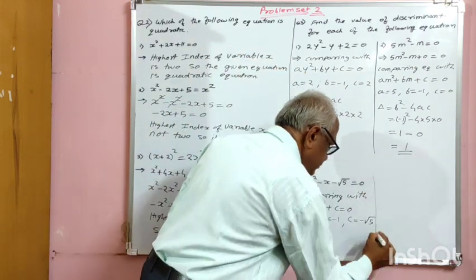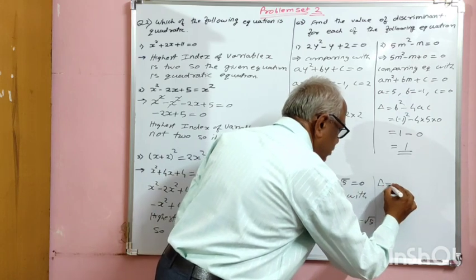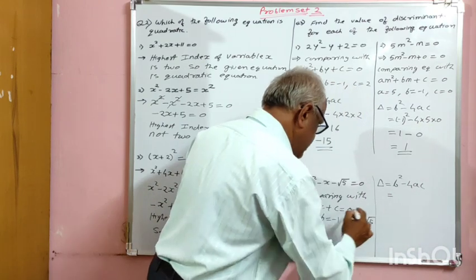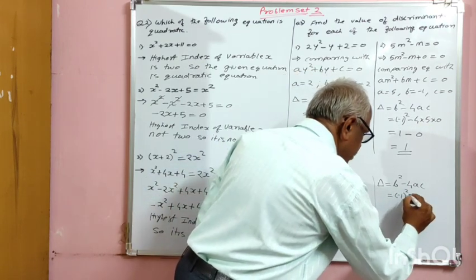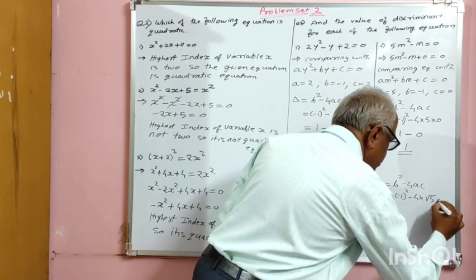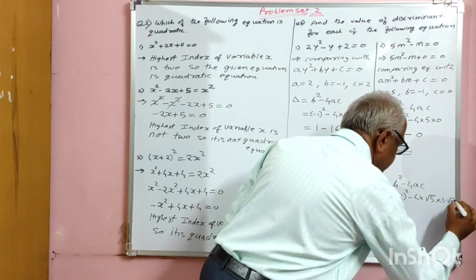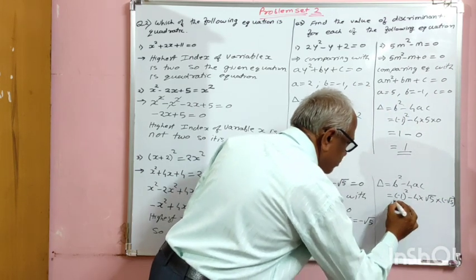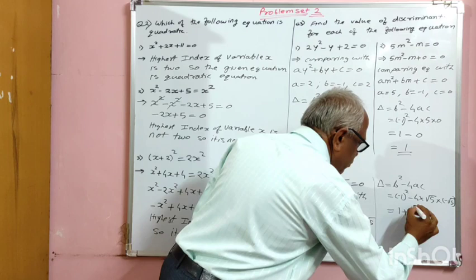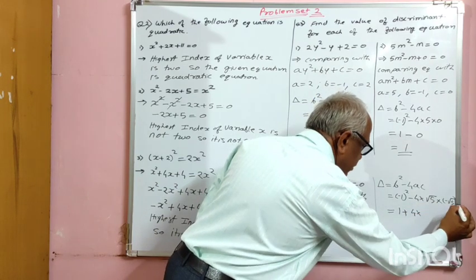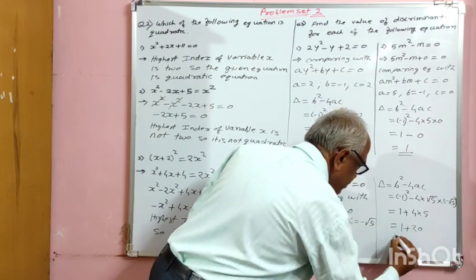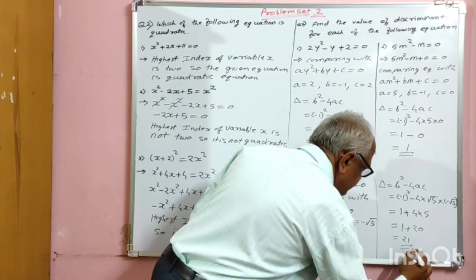Now delta is equal to b square minus 4ac, that is (minus 1) square minus 4 into root 5 into minus root 5, which is equal to 1, minus into minus is plus, 4 into root 5 into root 5, that is 5, which is equal to 1 plus 20, which is equal to 21.